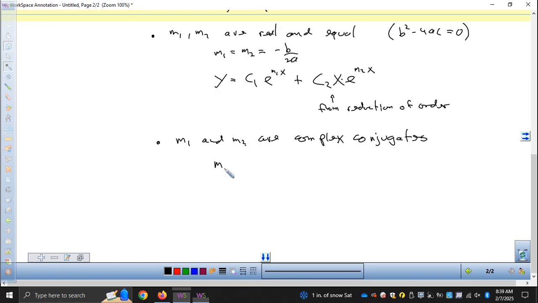So M1 equals alpha plus i beta, and M2 equals alpha minus i beta.